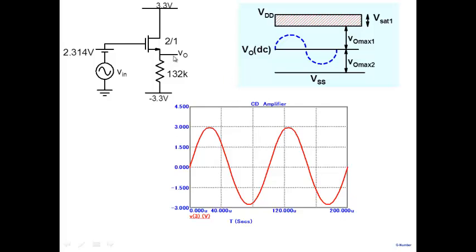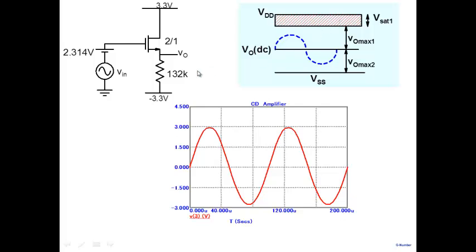So let's look at the output voltage here. As usual, at the output voltage, we have this diagram which tells us how high my sinusoidal voltage can go, how low it can go. On the lower side, we have VSS. On the upper side, we have VDD. We have to keep the transistor in saturation, so we have VSAT1, the saturation voltage here.